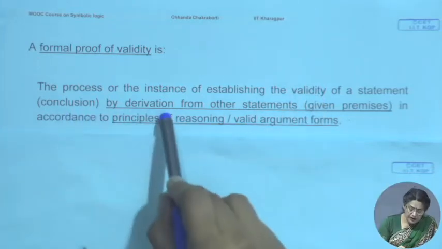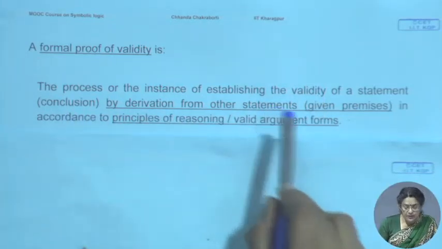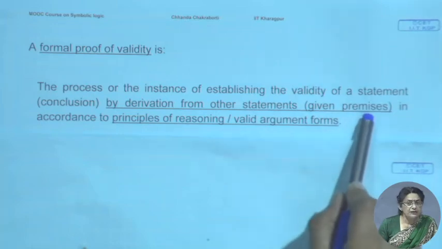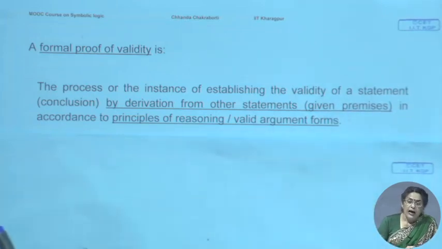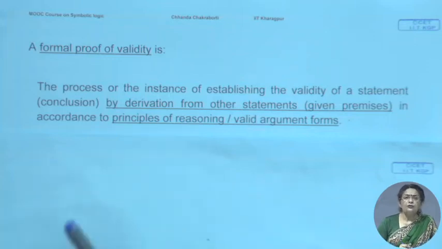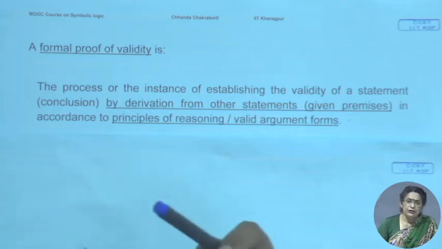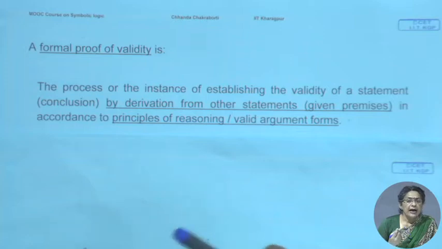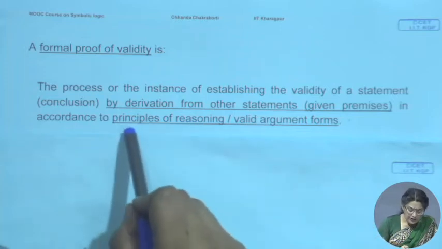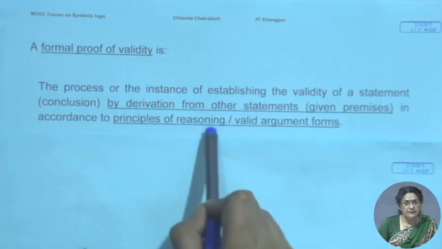By showing how the conclusion can be derived from other statements, which happen to be the given premises. And this derivation is not random, it is not your opinion, it is not my opinion either, but a legitimate logical derivation, the guarantee of which comes from certain principles of reasoning.